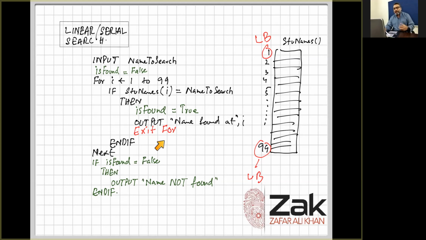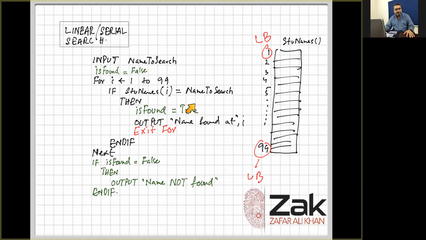In this particular case, this is found variable of the type Boolean is initialized at false, and if during the search we have found this particular name which we were looking for, then in this if condition we have made is found true.